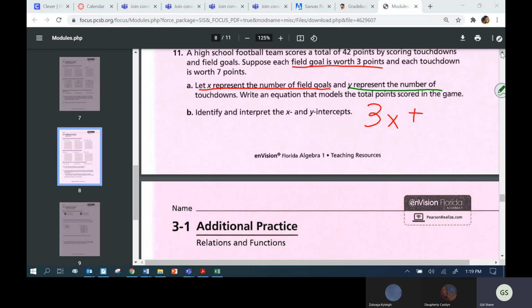Which number goes with y? I'm sorry, y is about touchdowns, not the number of touchdowns. So which number is about touchdowns? Well, touchdowns are 7 points. So I just take that number and put it with y. And then the big number is typically the ending number.